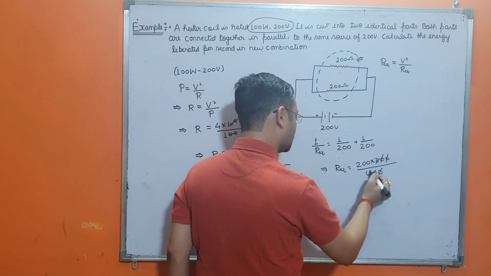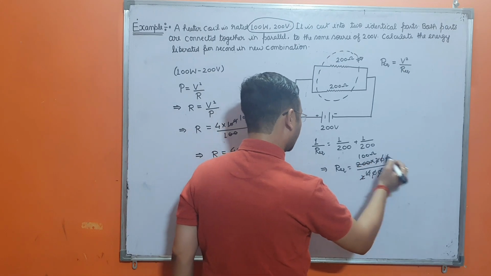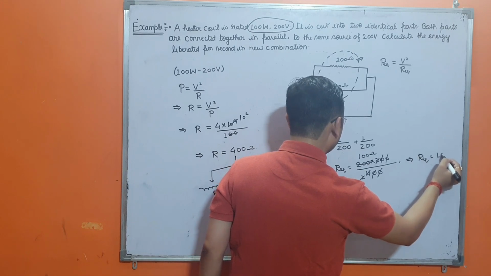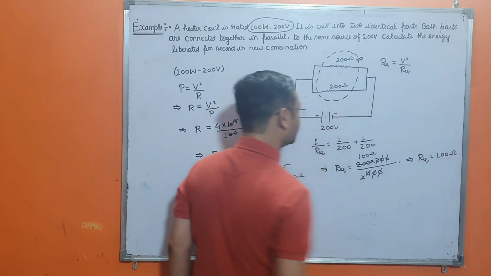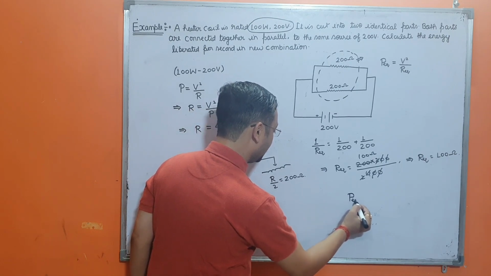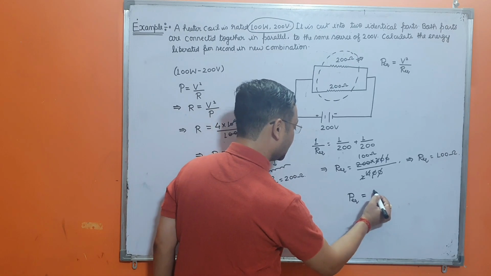This gets cancelled, 2 2s are 4, and this gives 100 ohm, and this implies that R equivalent will be equal to 100 ohm. Now, the equivalent power P equivalent will be equal to V square upon R equivalent.